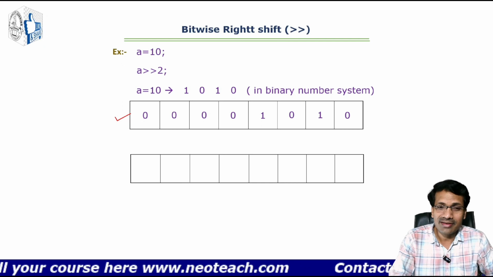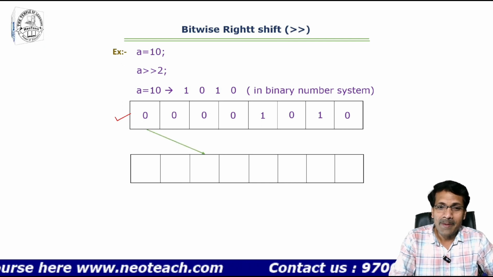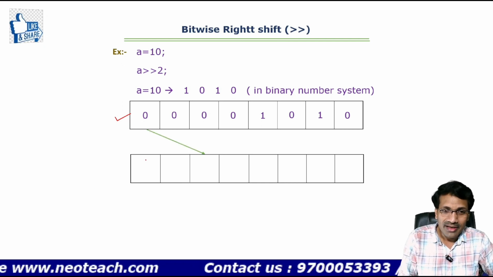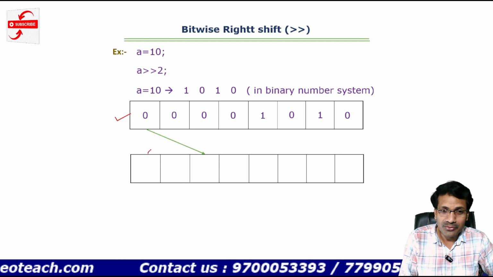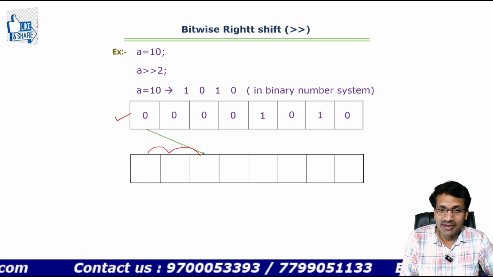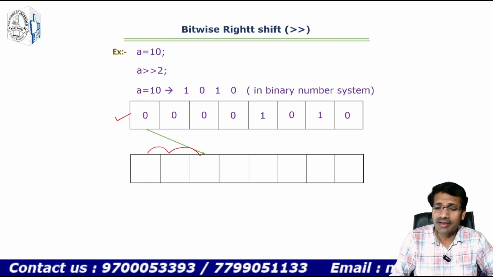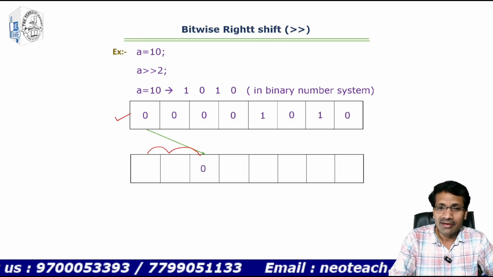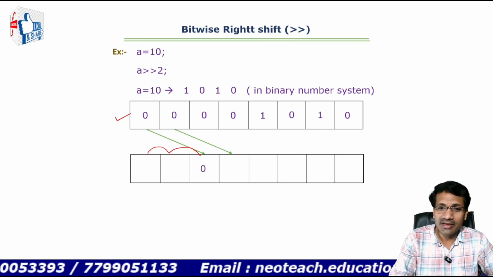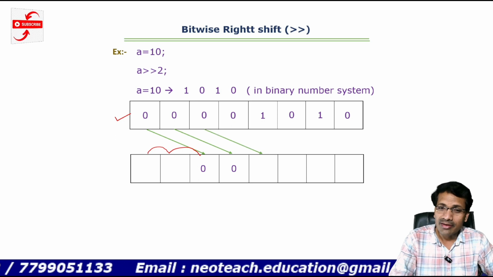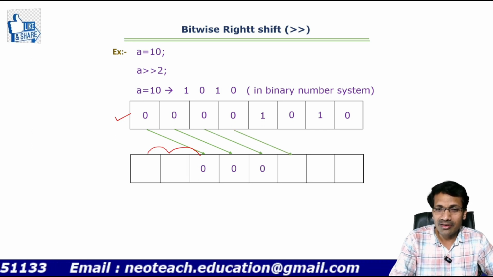So do this 0, you just shift it into that one, because right shift by 2 means 2 cells need to be shifted, each and every bit moves to the right side by 2 shifts. Like 0 comes to there and 0 will come to here, one more 0 comes here, another 0 comes to here.